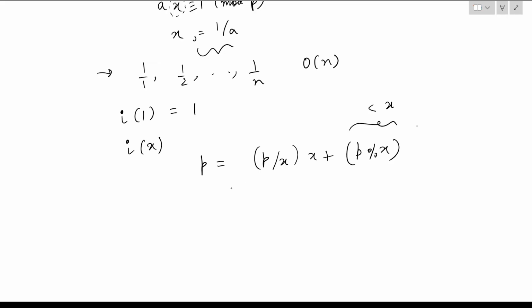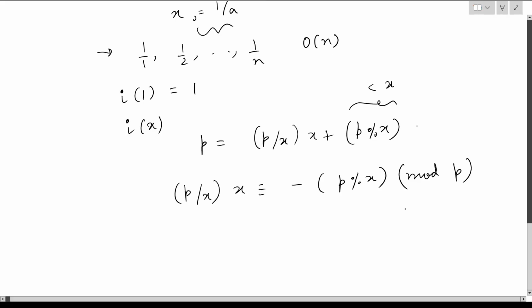Using this, if we now want to reverse x, all we need to do is look at this equation mod p, which tells us that p by x times x is congruent to negative p mod x modulo p. So this is a congruence that holds true.